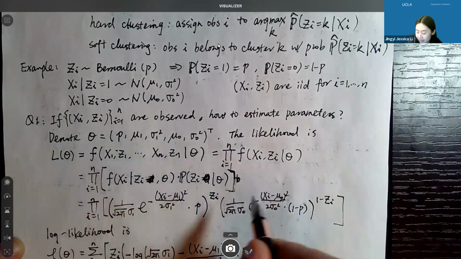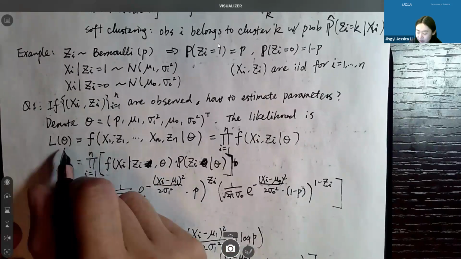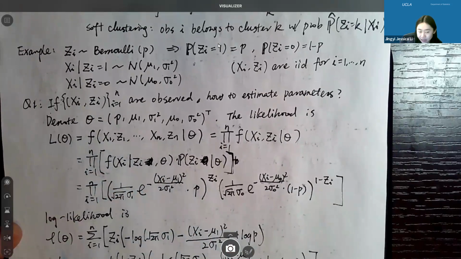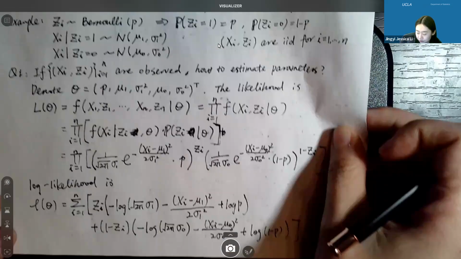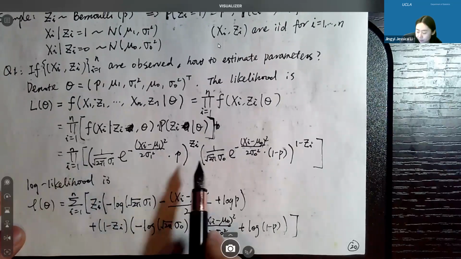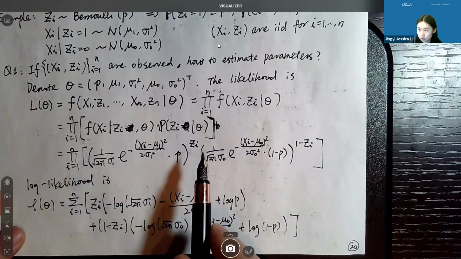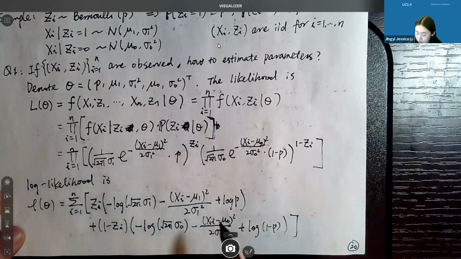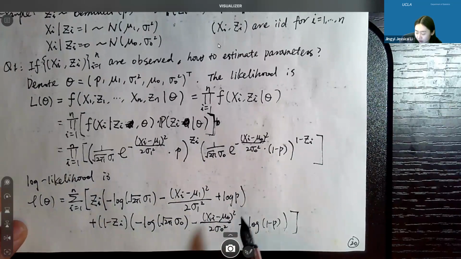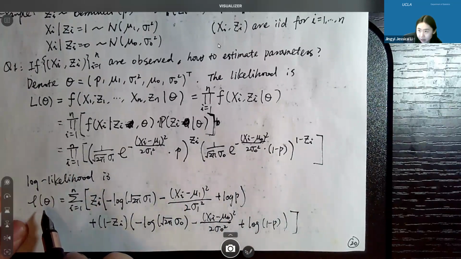Okay, and then we try to maximize this likelihood. That's our goal. And to maximize it, it's easier to take the log of the likelihood first, because this can change product to sum and remove any power functions. The power will come down. So we get a log likelihood, and then the remaining task is to find the values of p, mu1, sigma1, mu0, sigma0 so that this function of theta is maximized.